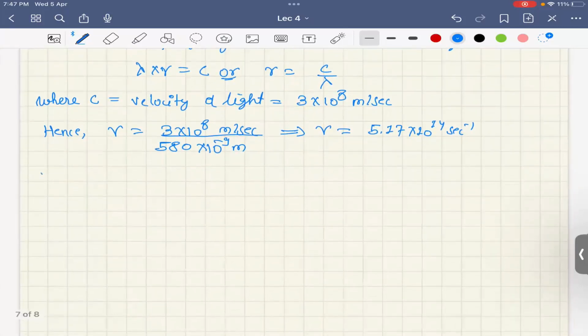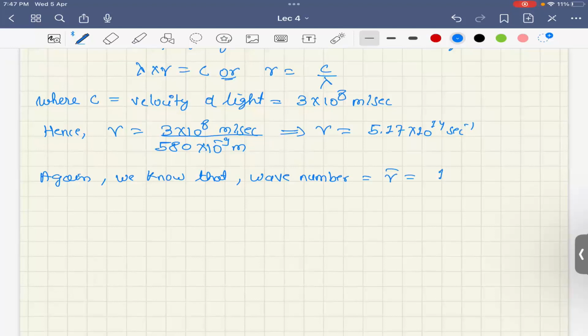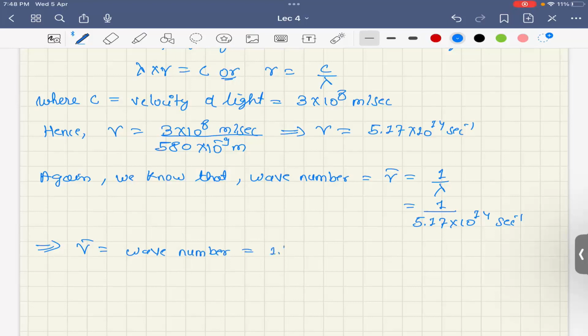Again, we know that wave number, ν bar, is nothing but 1 by lambda, which is 1 by 580 × 10 raised to power minus 9 meter. This implies wave number is nothing but 1.72 × 10 raised to power 6 meter inverse, right?